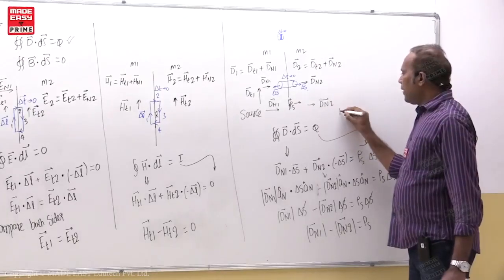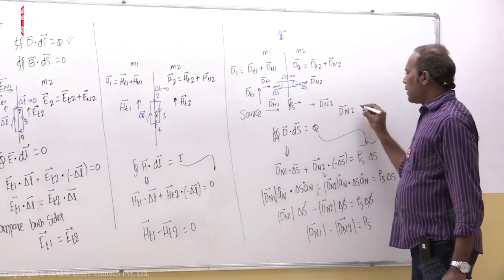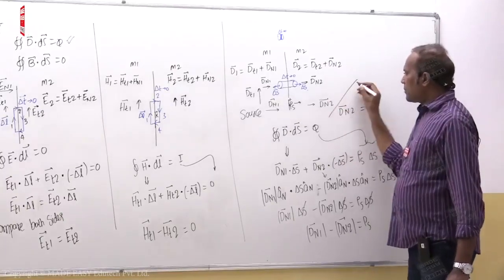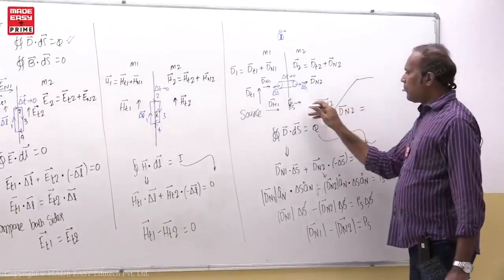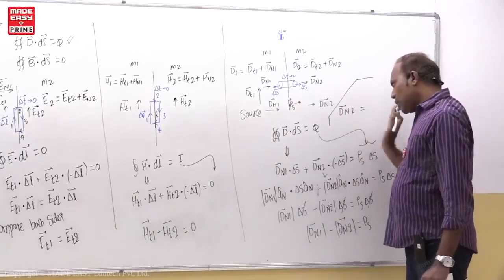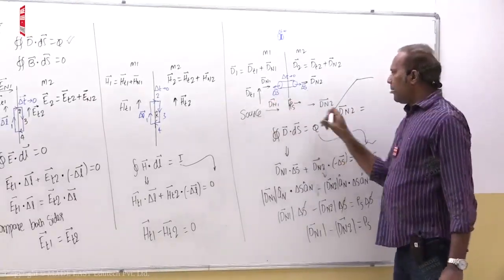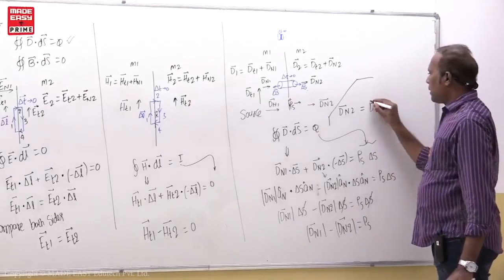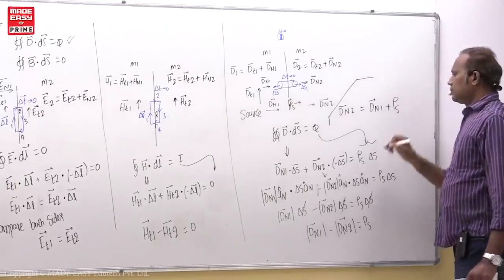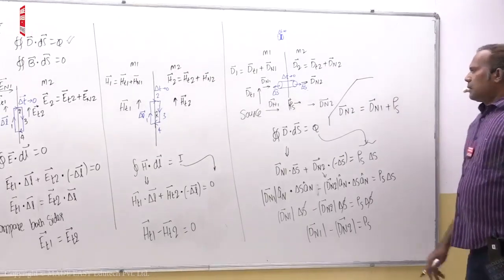I am separating this outgoing field from the boundary. The outgoing field, dn2 bar, is equal to the incoming field, dn1 bar, plus rho s effect. That's what you get.